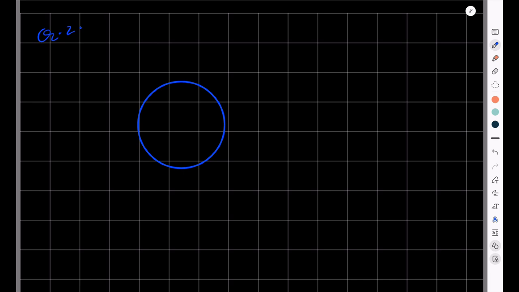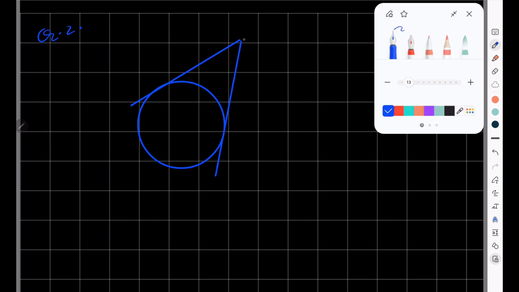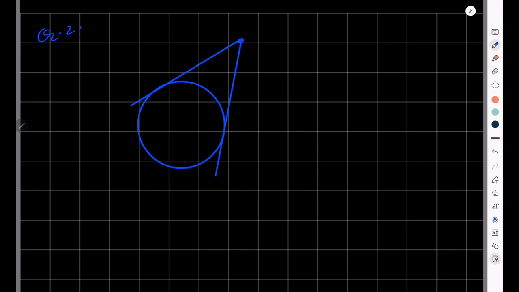Let us assume that one of the tangents is this one, and another tangent from the same point T is this one. So this is T, this is P, and this is Q. And let this be the center O of the circle.